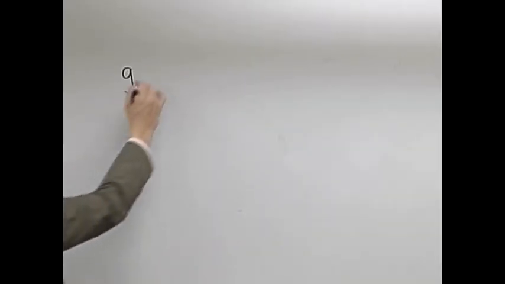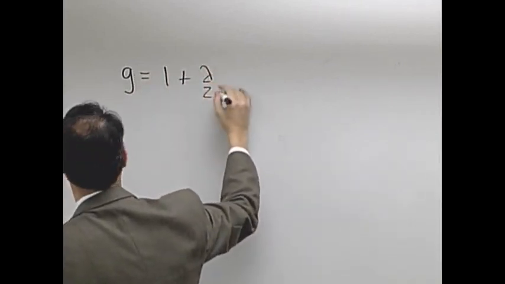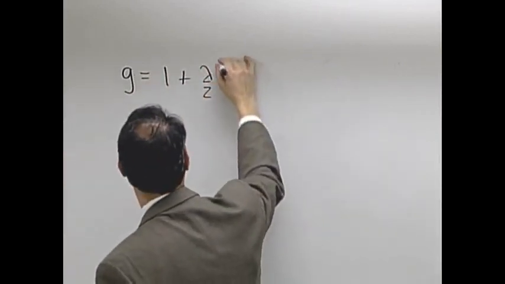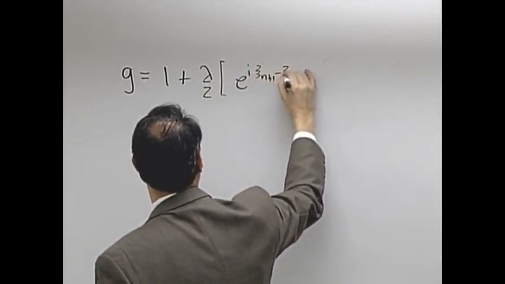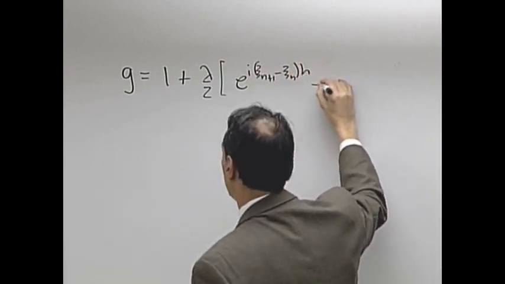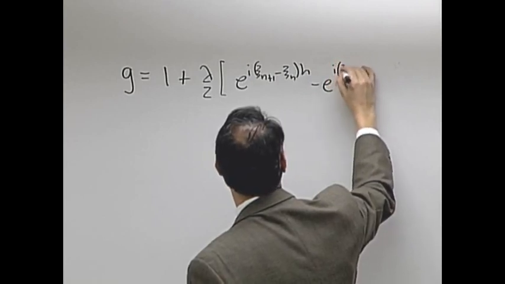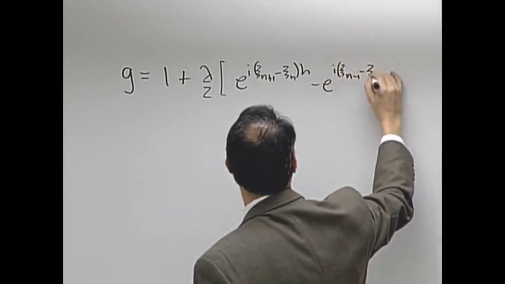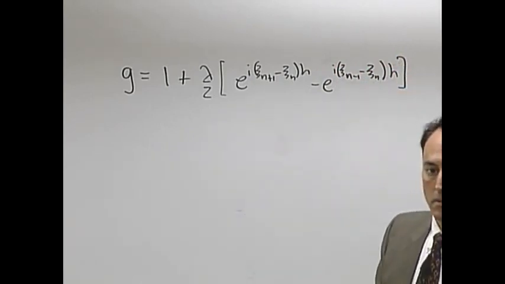So you're going to get g is equal to 1 plus lambda over 2 times e to the I, c of n plus 1 minus c of n, h, minus e to the I, c of n minus 1 minus c of n, h. That comes in from that term.